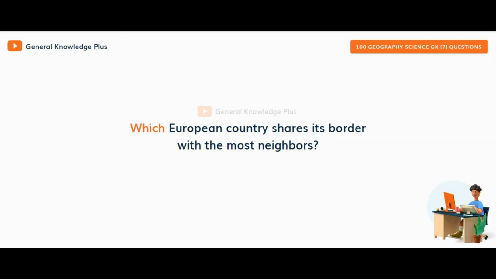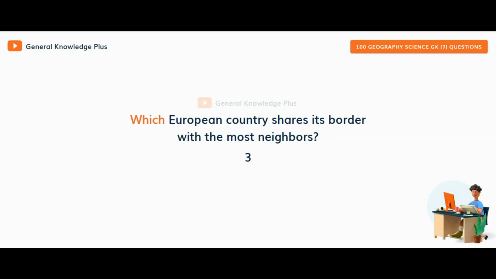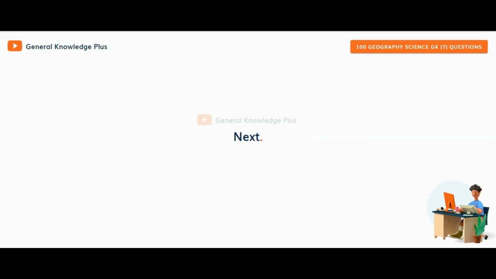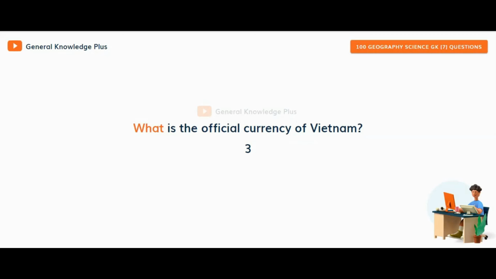Which European country shares its border with the most neighbors? Germany, 9. What is the official currency of Vietnam? Vietnamese dong.